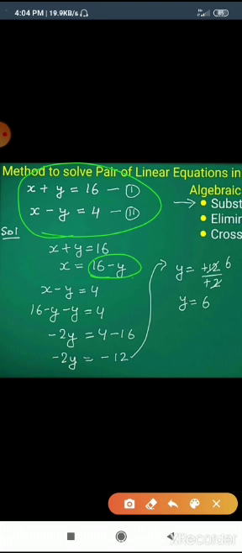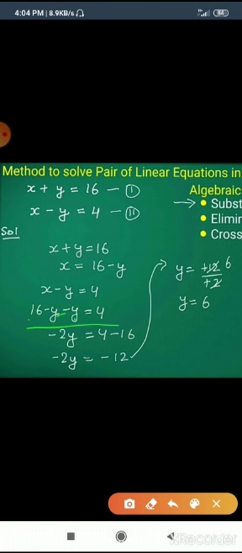Now substitute this x is equal to 16 minus y in the second equation, x minus y is equal to 4. In the place of x we substitute 16 minus y. So 16 minus y, this minus y is as it is, equal to 4.